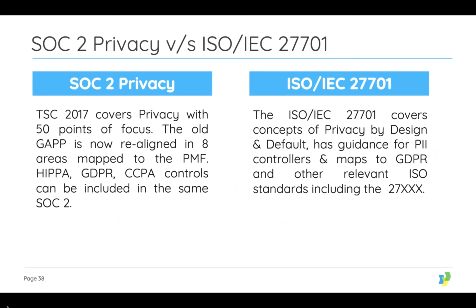The new privacy framework has come, formulated by AICPA, which is superseding GAPP, and the new trust services criteria for privacy has been aligned to the privacy management framework of AICPA.